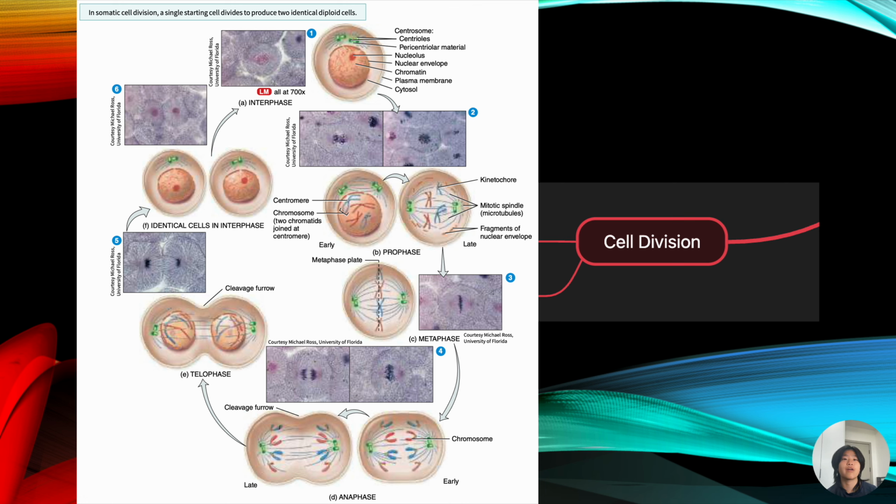Then PMAT, we arrive at metaphase. In metaphase, the chromosomes line up in the center. The line where they line up is called the metaphase plate. Then we have anaphase.